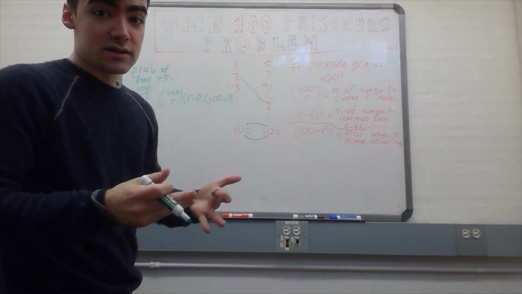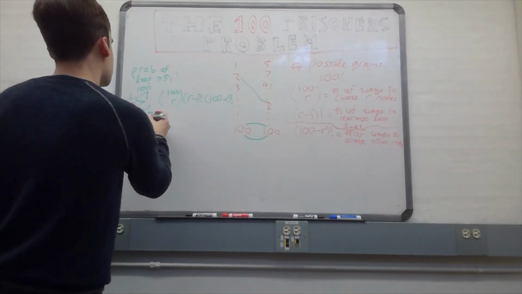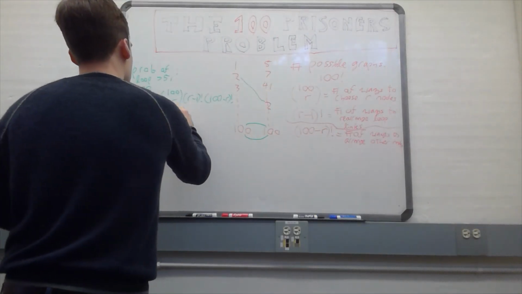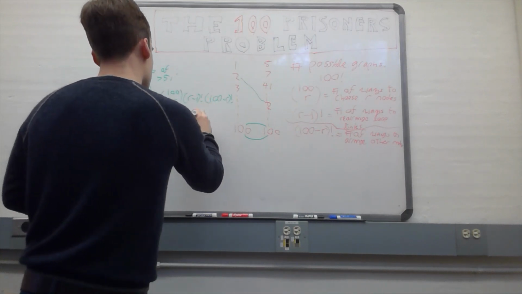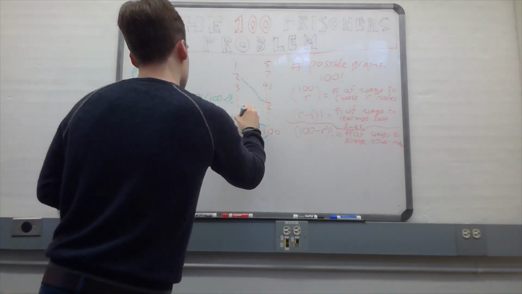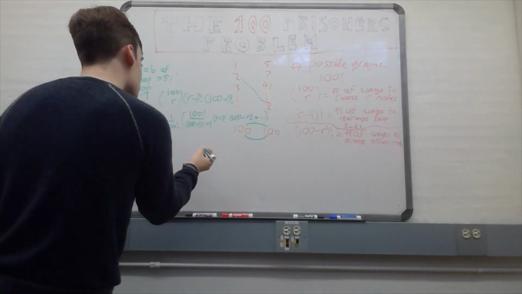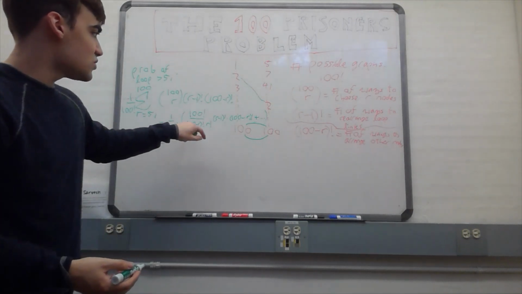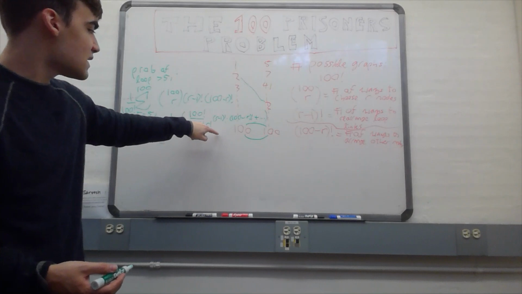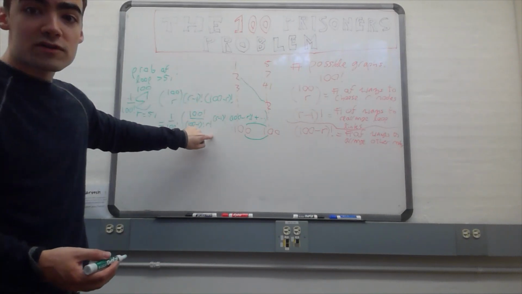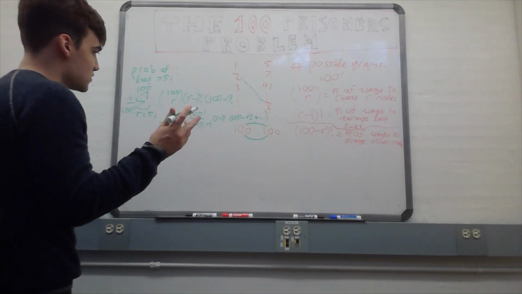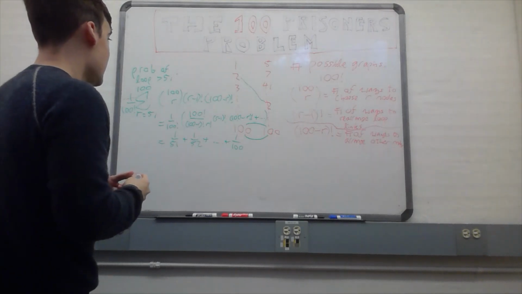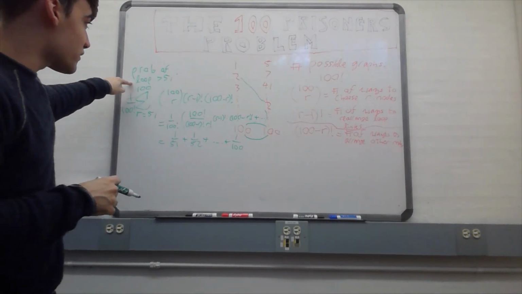And things cancel really nicely here, it turns out. What we get is this is equal to, and this is going to be equal to, you see the 100 factorial cancels in each term, and in each term the 100 minus r factorial also cancels, and then r minus 1 factorial over r factorial is nothing other than r, and so this is just going to be, again, this is the probability of there being a loop greater than 51.